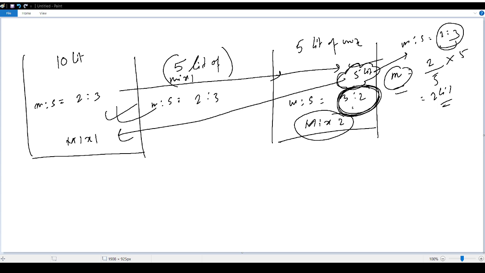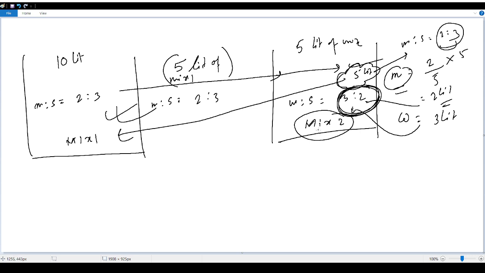The second container has a different syrup is to milk ratio, but while calculating the amount of syrup that came in, we are taking the ratio which is in the first container. It is because of this family belongingness. This 5 liter came from the first container, in which the milk to syrup ratio is 2 is to 3. So milk is 2 by 5 into 5, that is 2 liter, and syrup is 3 liter, and then we add it to what was present.